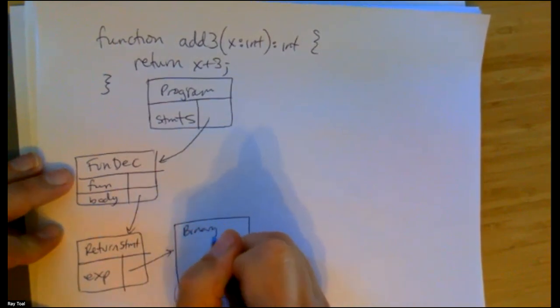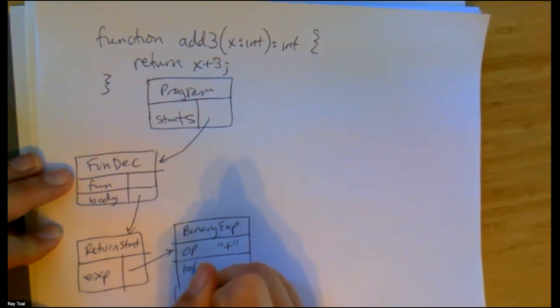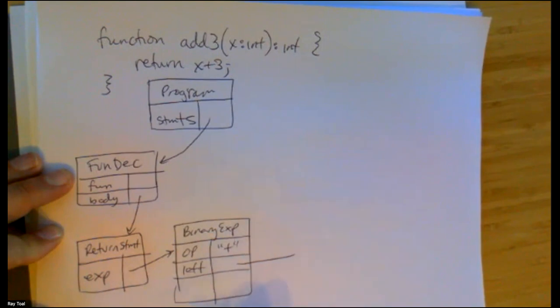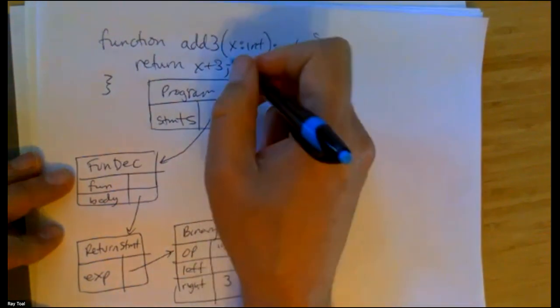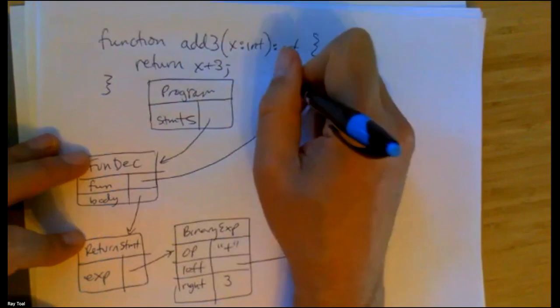So we have a binary expression whose operator is plus, whose left operand is the variable x. We'll have to pick that up later. And whose right operand is the number 3. We'll have to show how to get x. Well, let's get x because it's from this function.